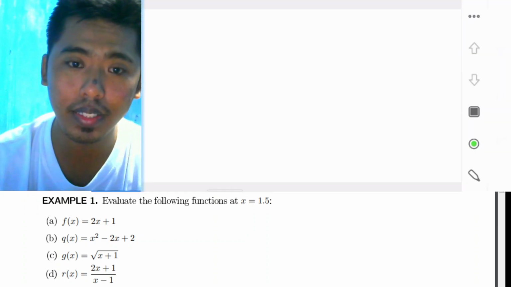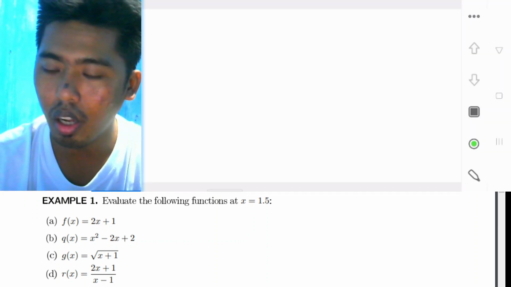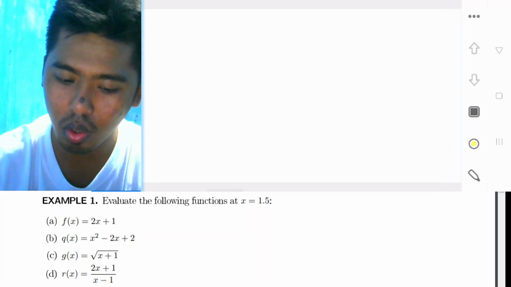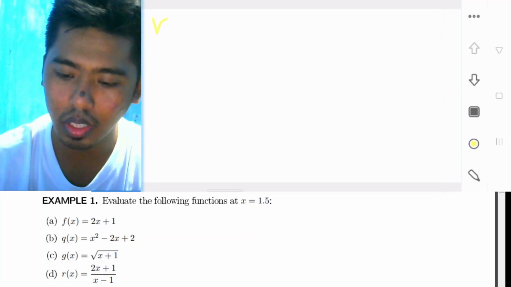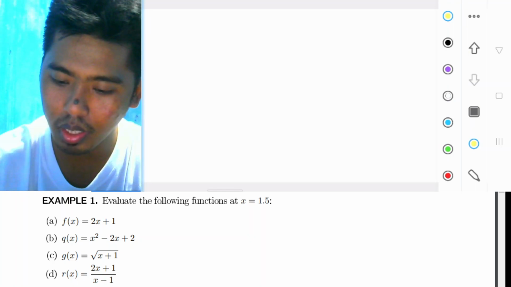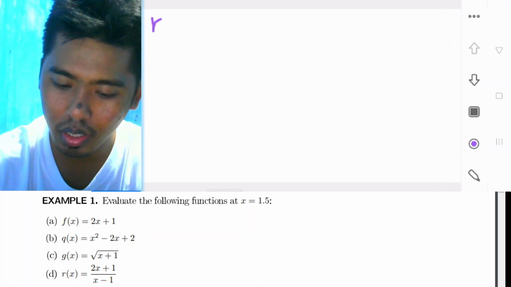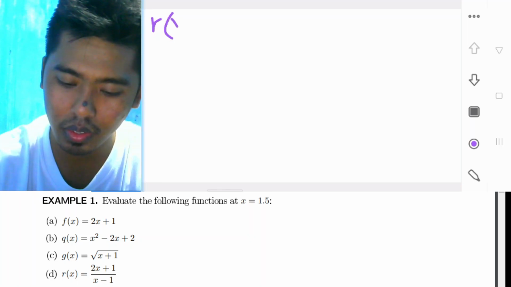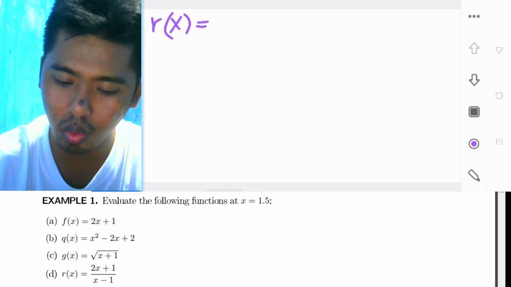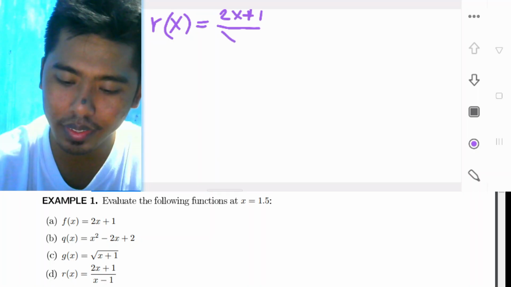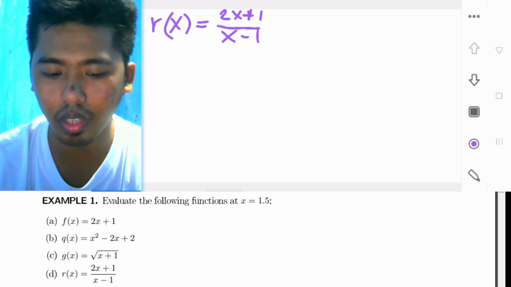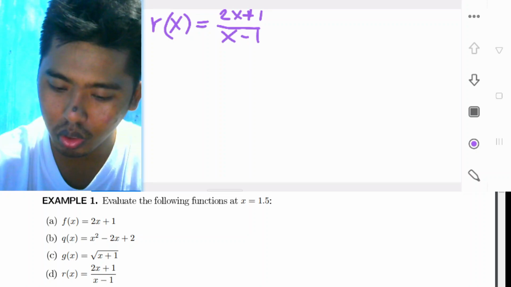Okay, next is the r of x. So let's use yellow. R of x is equal to 2x plus 1 all over x minus 1. So what we are going to do is substitute first.